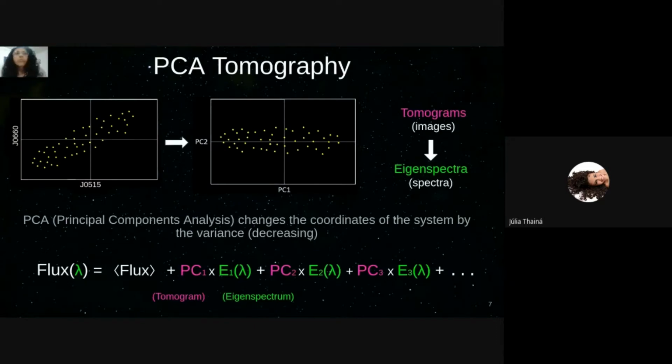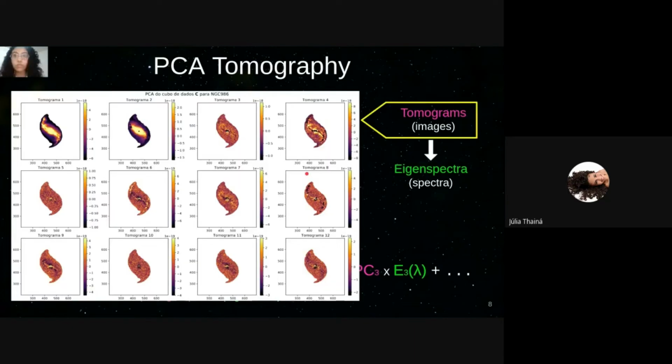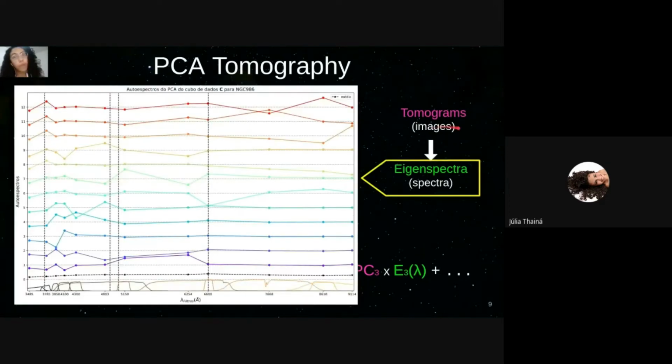First, I will show some results of PCA tomography, which changes the coordinates of the system by the variance. Then we get a new system, and this new system has the tomograms, which are images formed by combinations of the flux in each filter, and these combinations are given by the eigenspectrum.